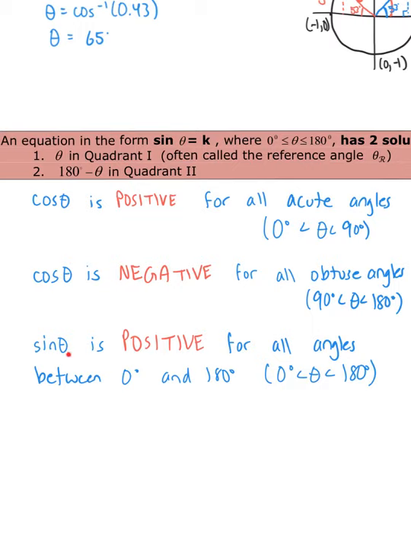And finally, the sine ratio is positive for all angles between 0 and 180 degrees. And that means that you have two solutions. One is acute and one is obtuse. So you find your first one, the acute one first, we call that the reference angle. And then to find that obtuse angle, the second solution in quadrant 2, you take the first angle and you take that away from 180 degrees.